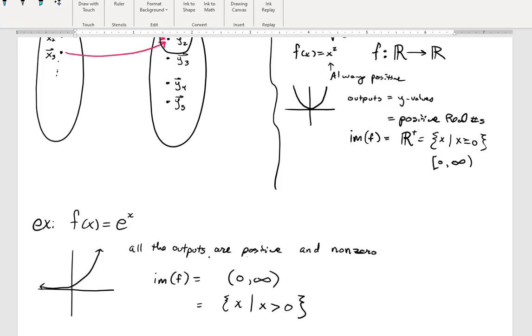Not equal to. The target space is R, all the set of real numbers.